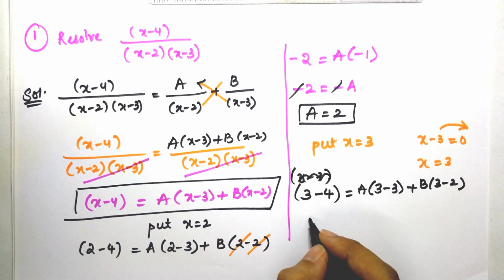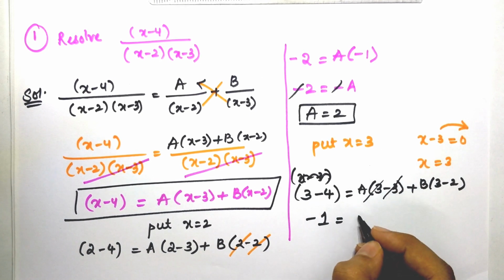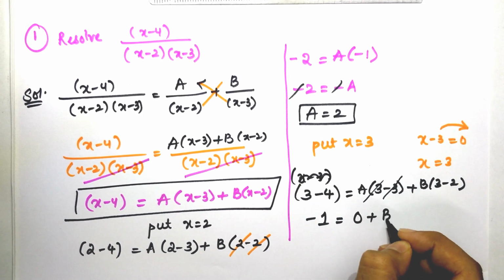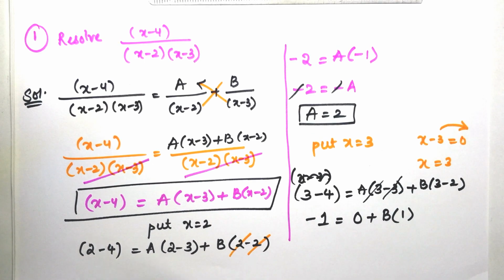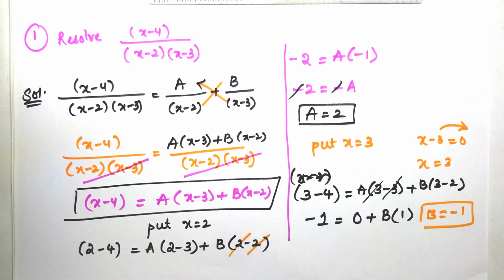So 3 minus 4 is minus 1, and a into 0 is 0, plus b into (3 minus 2), which is 1. So we got b as minus 1. The value of the first constant a is 2 and the value of b is minus 1.